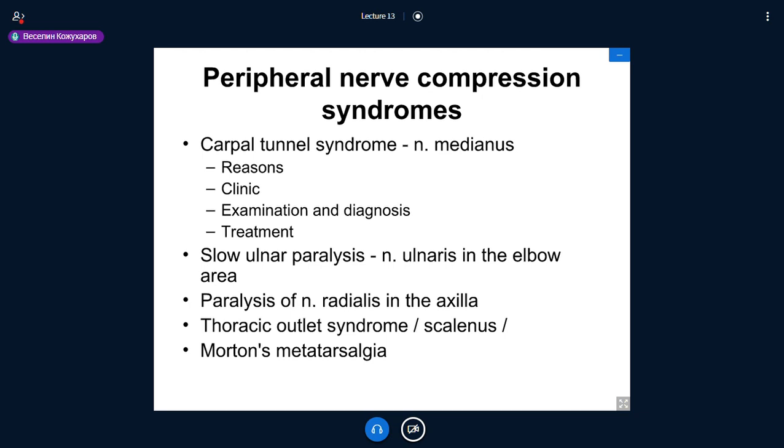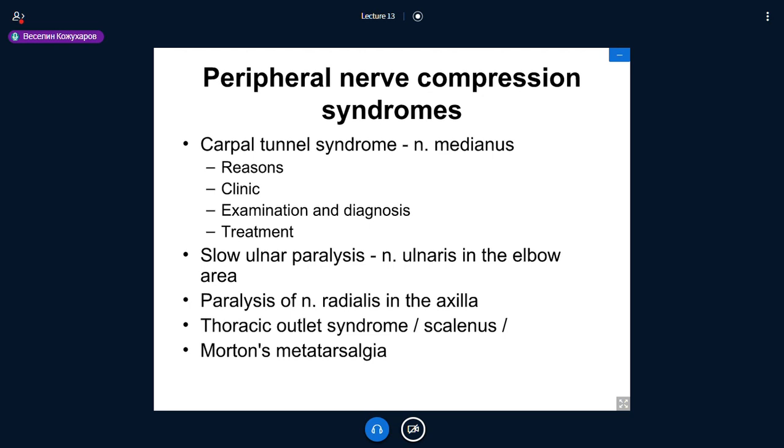The symptoms are the same: numbness of the limb, pain in the course of the nerve, also paresthesia, and muscle weakness.